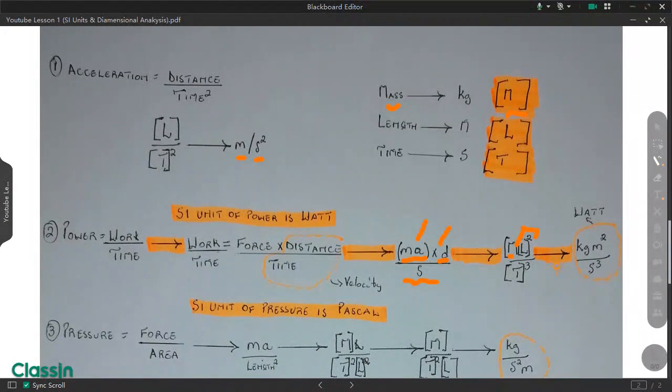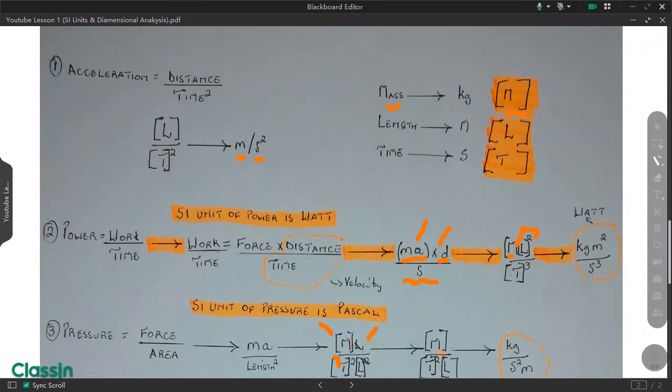So the same is true with pressure. So our first standard definition of pressure is force over area. Force is mass by acceleration. So mass is denoted by a big M, and acceleration is meters per second squared, which is L over T squared, this L, and then this T squared. And then area is L squared.